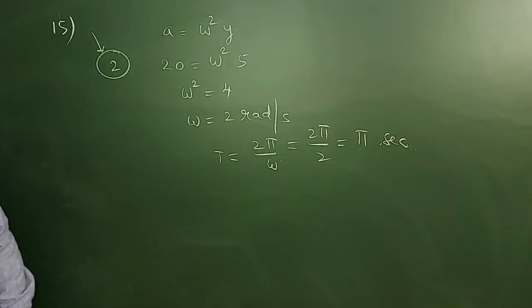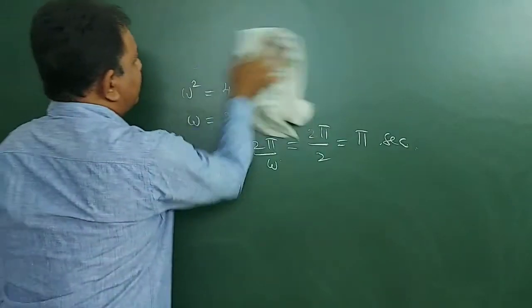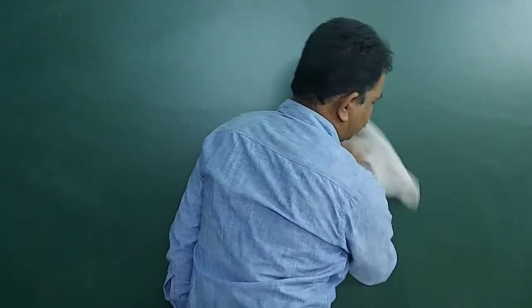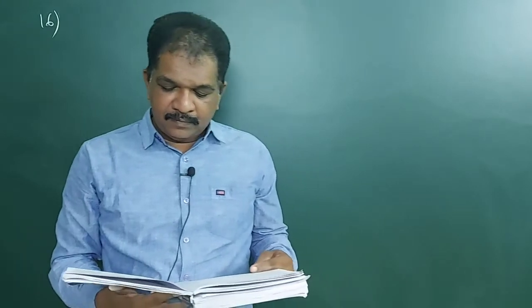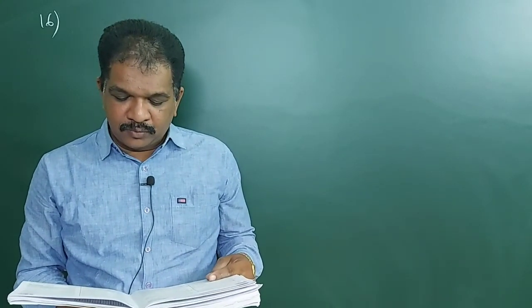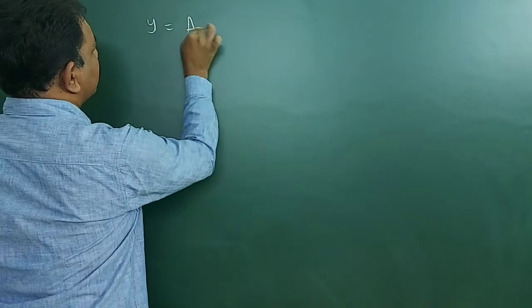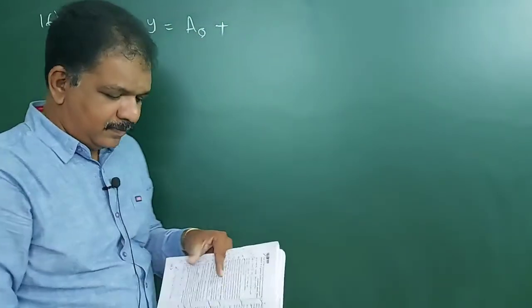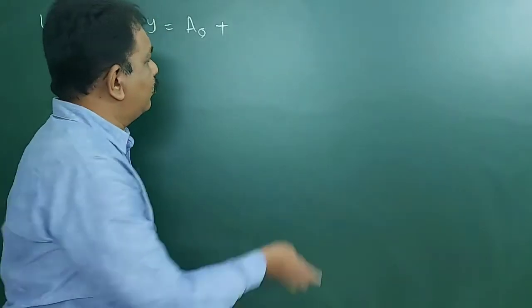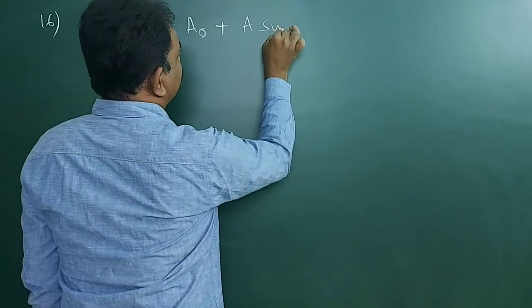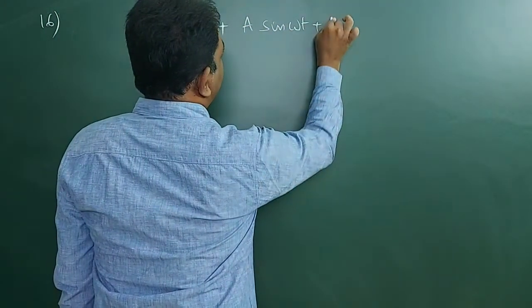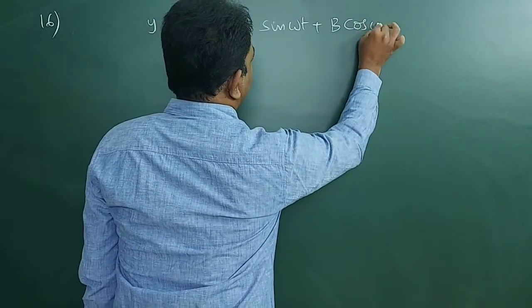Next, 16. What is that? See, y is equal to a naught plus a sin omega t plus b cos omega t.